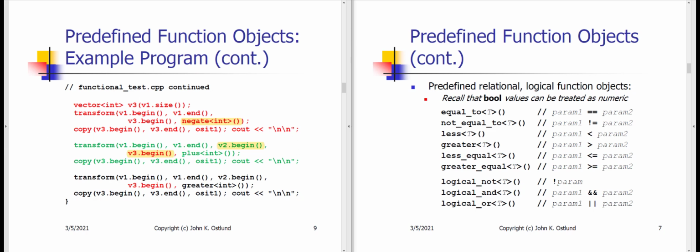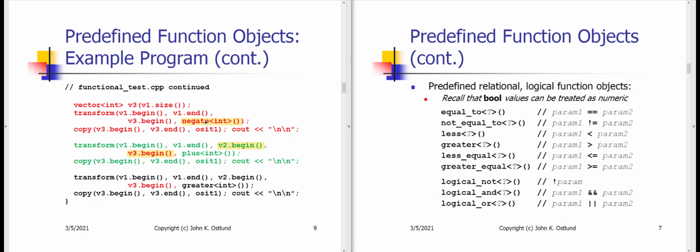So notice the difference. In the transforms that we've been using up until now, we have had 1, 2, 3, 4 arguments. The first two arguments are assumed to be the begin and end iterators for the input container. The third argument is assumed to be the begin for the output container.